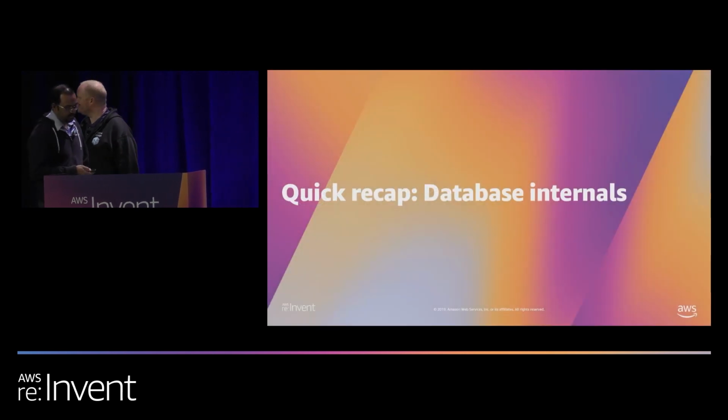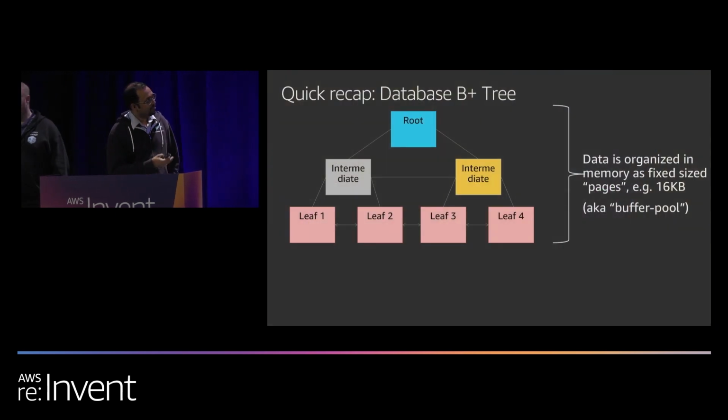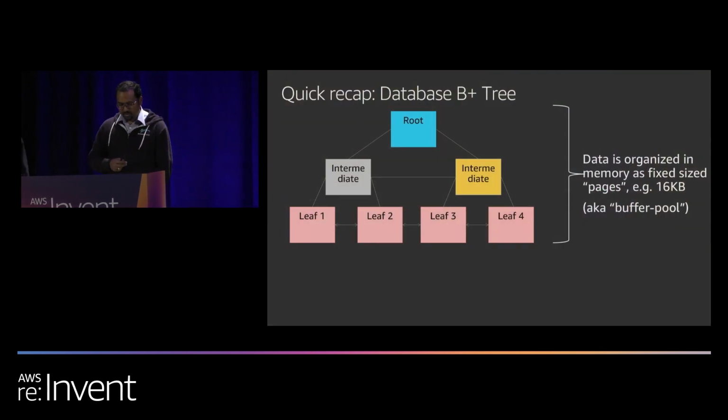OK, thank you. So just to do a quick recap, I chose B plus trees because it's widely used in the database. So just to explain a few concepts. The data within the B plus tree is organized in fixed set of pages. For example, in Aurora MySQL, we use 16 kilobytes of pages. And that is kept in memory, and we refer to that as buffer pool.